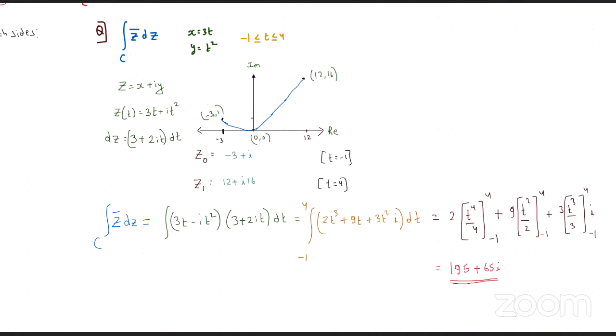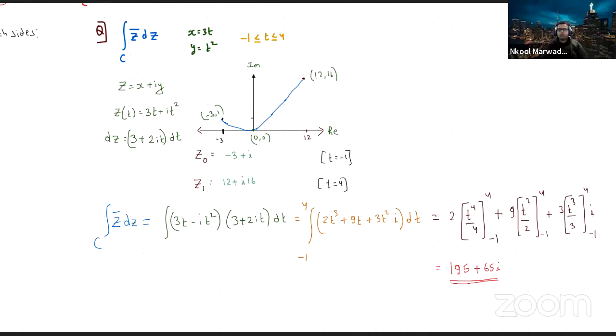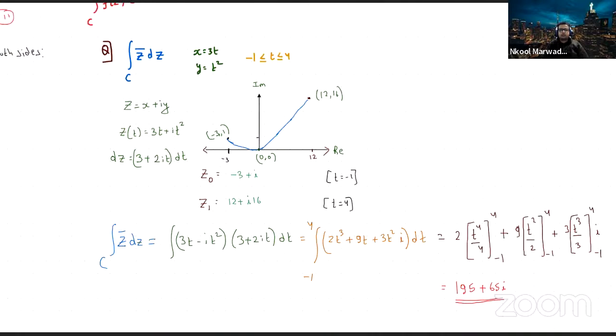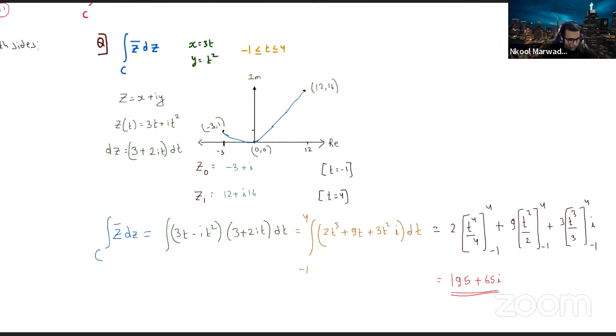After putting the limits, if you cross check it, you will see this is the line integral for this function. So this is how we will be doing the complex integration. Okay, let us do one more question.